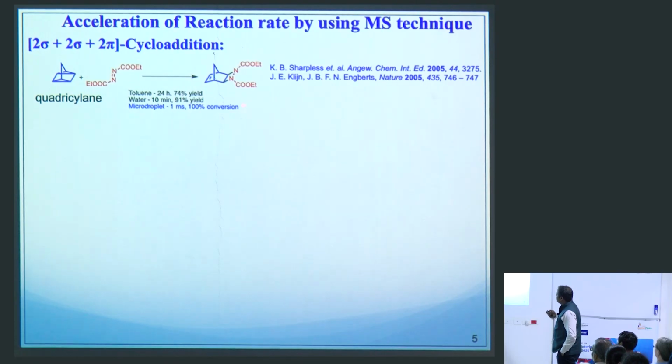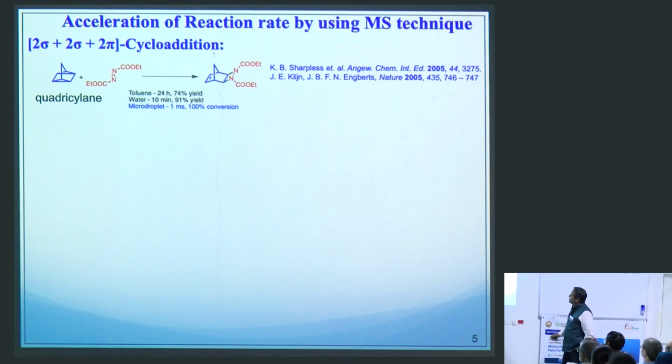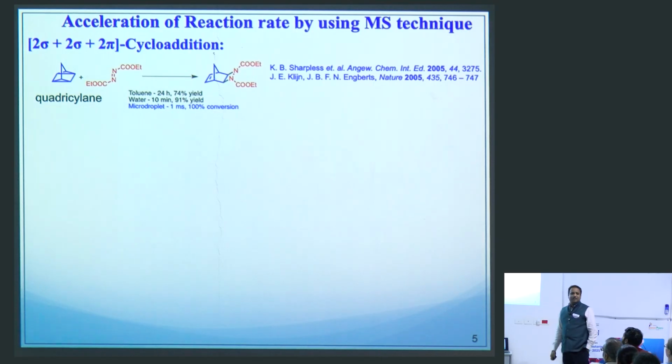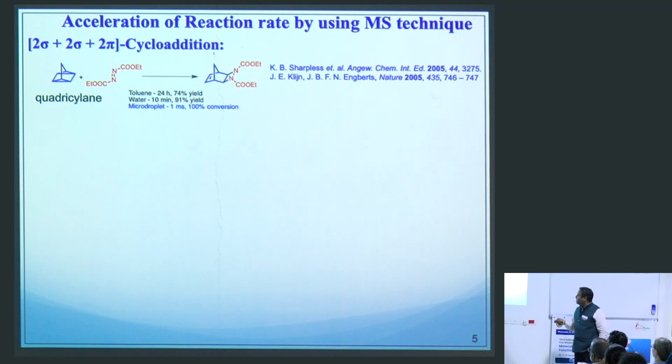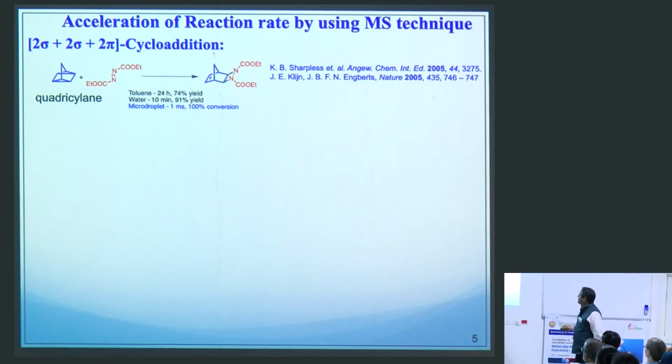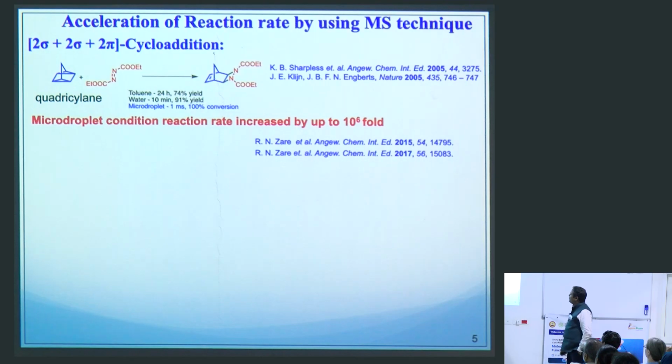This coupling cycloaddition reaction was done by Sharpless et al., who won the Nobel Prize two times, and they did that reaction in 24 hours. Also in water, they were able to increase the rate so the reaction took 10 minutes. But if we spray it as a water microdroplet, the reaction is completed in less than 1 millisecond, which clearly tells that the reaction rate has been enhanced several fold.